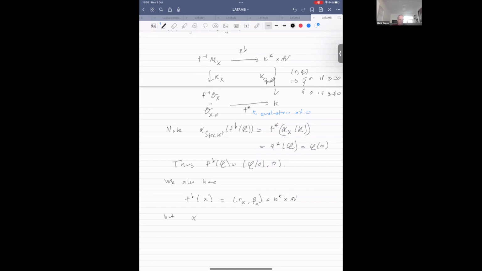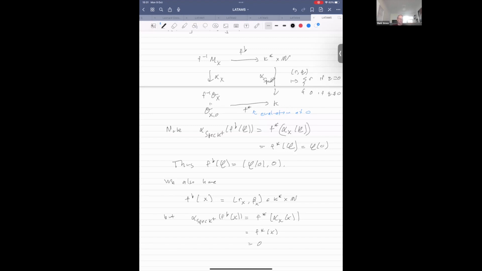But if I apply alpha spec k dagger to f flat of x, that's supposed to be the same thing as taking f star of alpha x of x. F star of alpha x of x, first of all, this is just, again, f star of x, and that's the evaluation of x at 0, which is 0.